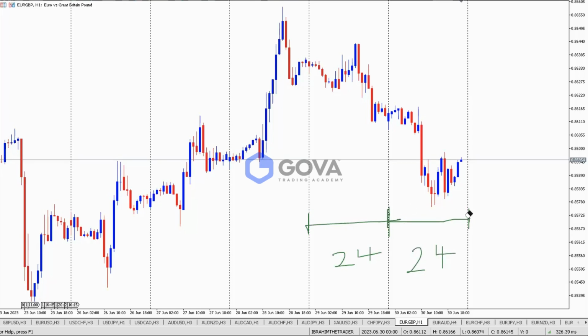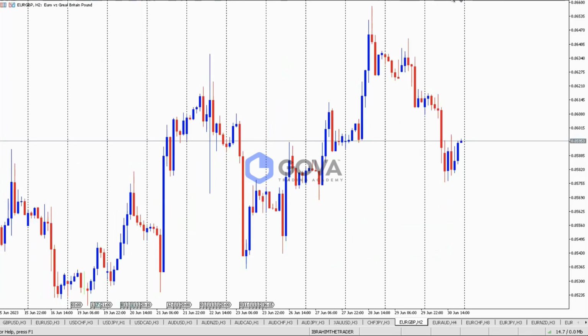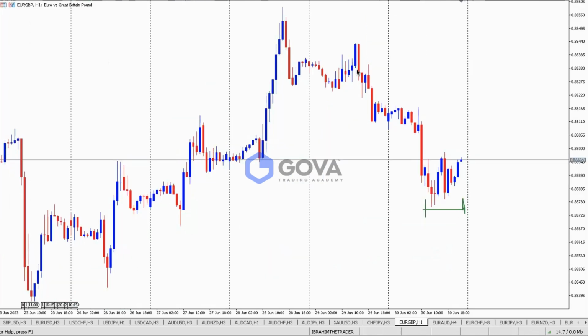The only difference is that the period separator is getting a little bit wider from what we have on the H2. You can see the H2 period separator is a little bit narrow, but from H1, the period separator is a little bit wider.